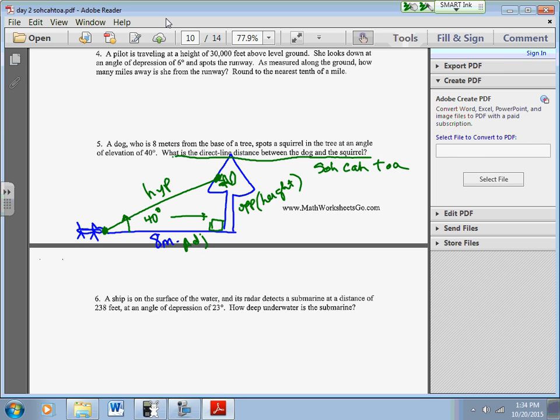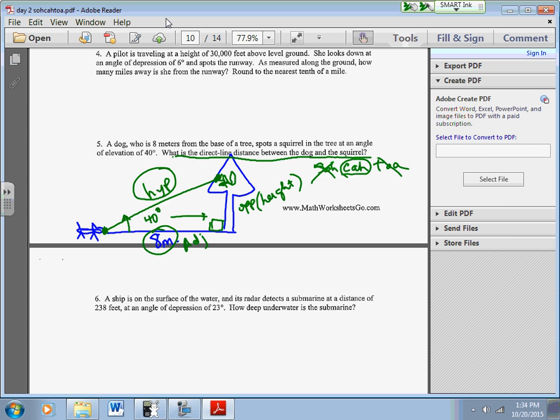So cosine is adjacent over hypotenuse. That's the correct one to use. You have the adjacent side and you need the hypotenuse, which is the line directly from the dog to the squirrel. You're not going to use sine because sine is using the height of the tree over the hypotenuse, and you don't know either of those two.